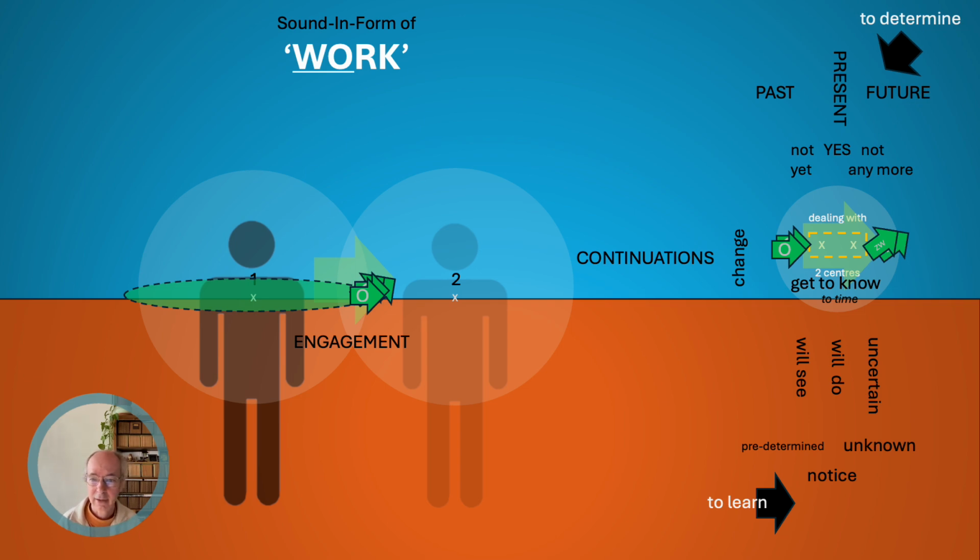So the next letter is the letter O. If you look into the system, you see the letter O as a direction, as a starting point. So a predetermined starting point as well, while written as O. And it's my engagement, it's a starting point. From that starting point, of course, I also want to learn.